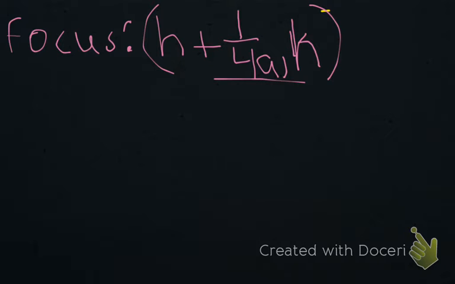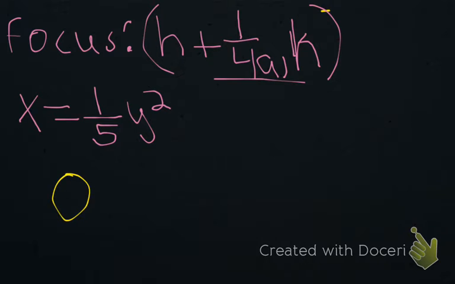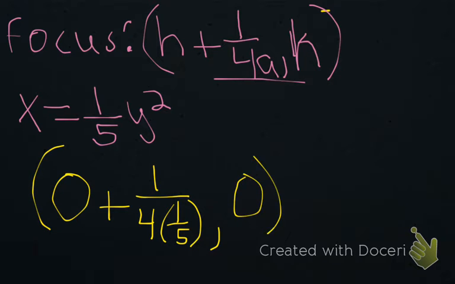And if you remember, our vertex form was x equals 1 over 5 y squared. We did not have an h or k, so we had those as both 0, so we could say 0 plus 1 over 4 times 1 over 5, since we defined that a was 1/5, and then k, which was again 0.